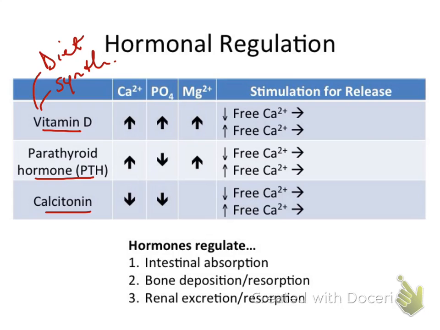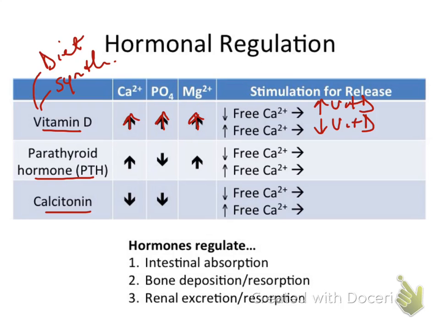Vitamin D causes an increased concentration of calcium, phosphorus, and magnesium in plasma. Low free calcium concentration results in increased release or synthesis of vitamin D, and high free calcium concentration inhibits the synthesis of vitamin D.